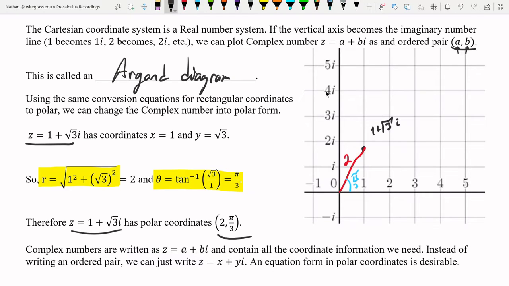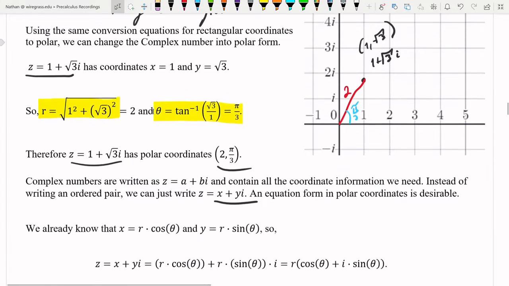So as I said, we don't have to write the coordinates as 1, root 3. We can just leave it as x plus yi, or 1 plus root 3i, because that gives us everything we need to know about where the coordinates are in that standard complex form. If we can have a form like that for complex numbers in polar coordinates, that would be nice to have.